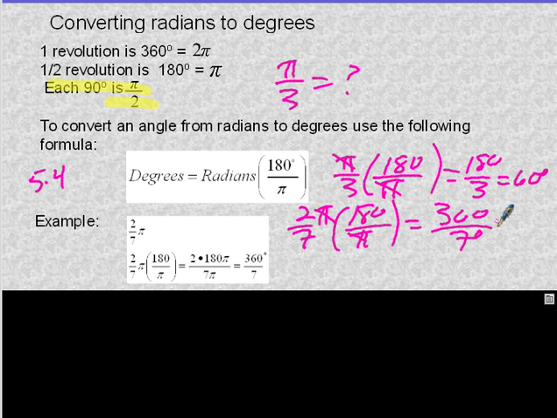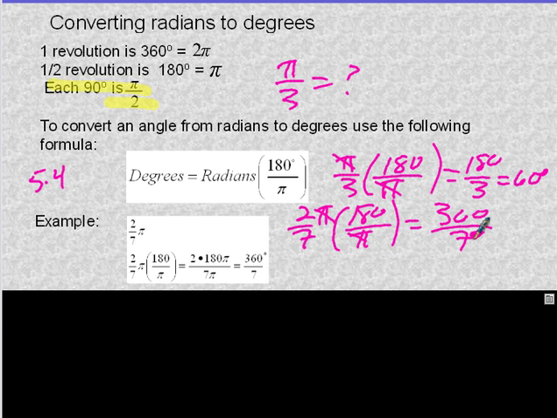I would simplify the fraction and leave it in simplest form, unless I ask you to round to the tenths or the hundredths. In past years, we've had you do these on the test without the calculator, but I think now the only part of the test that's non-calculator is your special right triangles. I'm not really sure. I guess leave it in simplest form with fractions, unless I ask you otherwise.